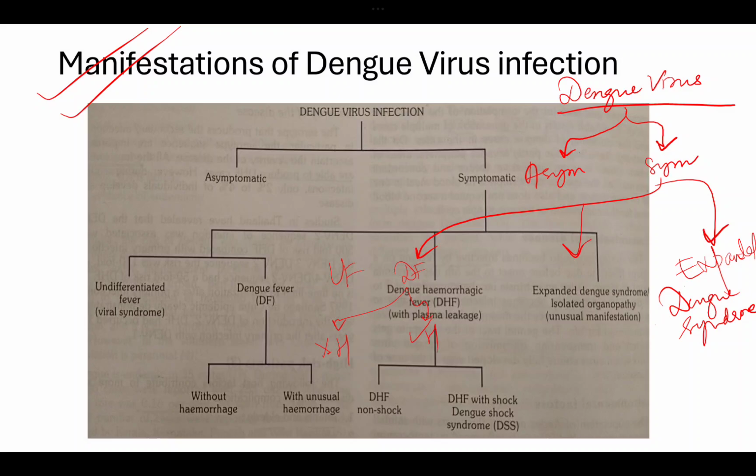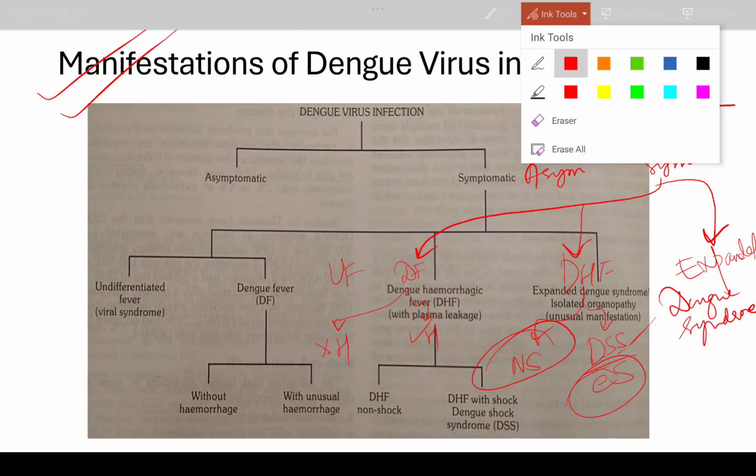Then next we have dengue hemorrhagic fever. In the dengue hemorrhagic fever, it can be non-shock dengue hemorrhagic fever or with shock, which is dengue shock syndrome. Okay, very simple: non-shock, with shock. If it is with shock, dengue shock syndrome. Is it simple and clear?